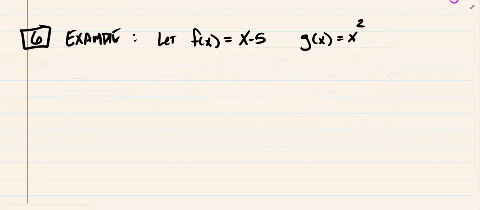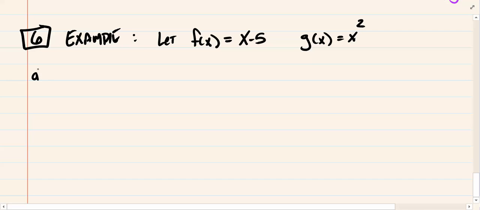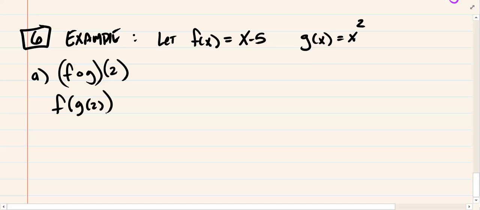Okay, here's my example for function composition. What is f of g of 2? What does that mean? That 2 is x. 2 is inside of g, and g is inside of f. So what do we do first? I do g of 2 first. So g of 2 is equal to what? 4, because 2 squared is 4.